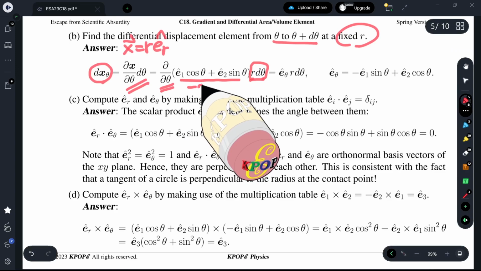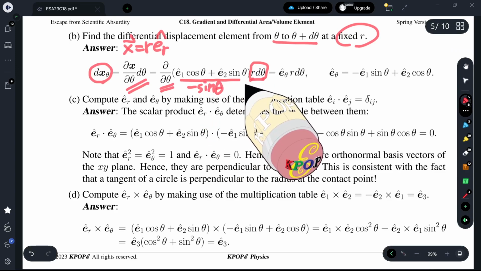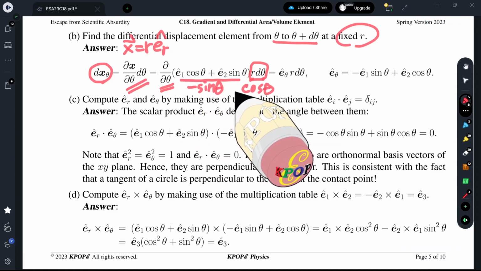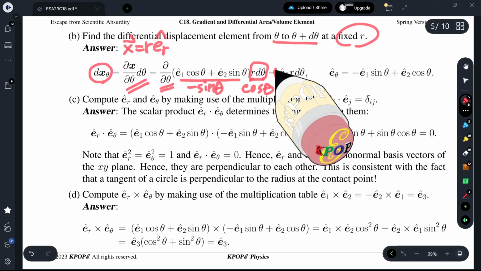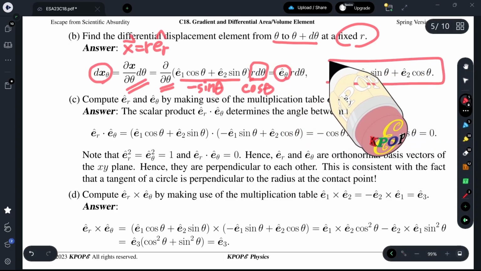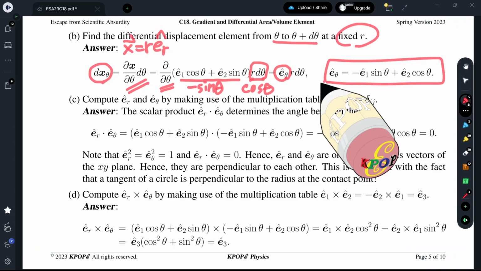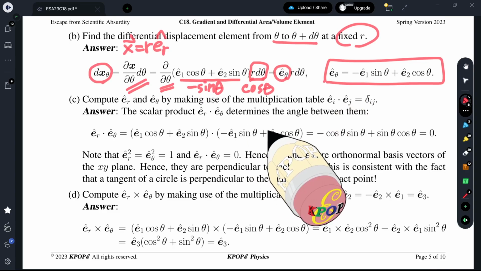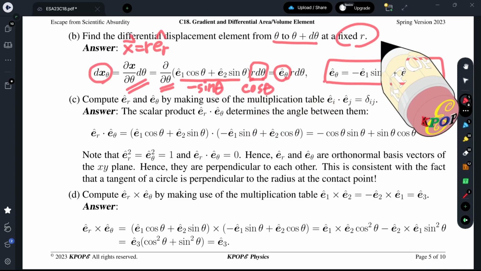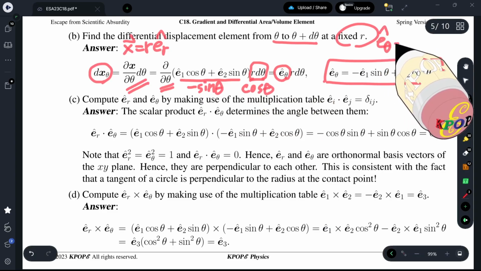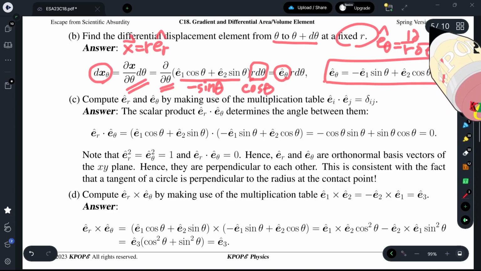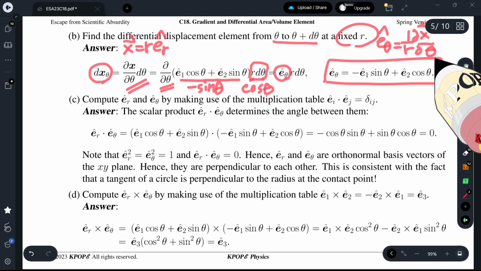This one becomes minus sine theta, and this one becomes cosine theta. If I multiply by e1, e2 and add them up, this is nothing but the unit tangential vector that is perpendicular to the unit radial vector. From here, I can conclude that e theta equals 1 over r times the partial derivative of x with respect to the angle.